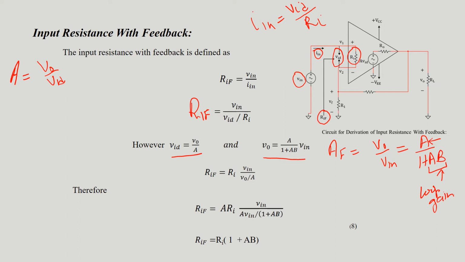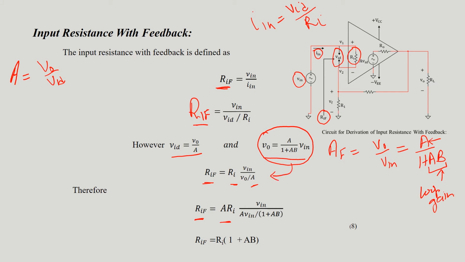Putting these values in the above RIF equation, we can calculate RIF is equal to RI into V in by V naught by A. Therefore, RIF becomes A RI into V in over A V in divided by 1 plus AB, by putting the value of V naught from this equation.